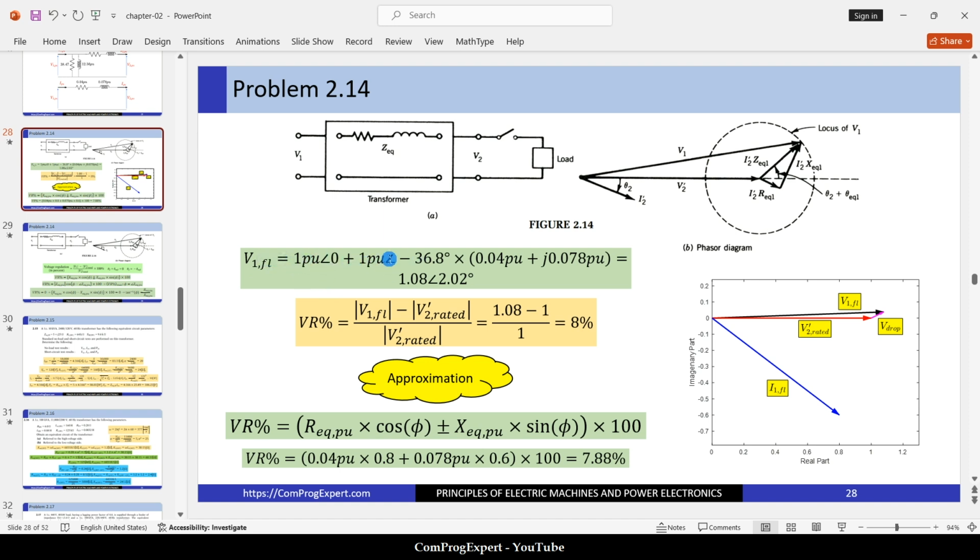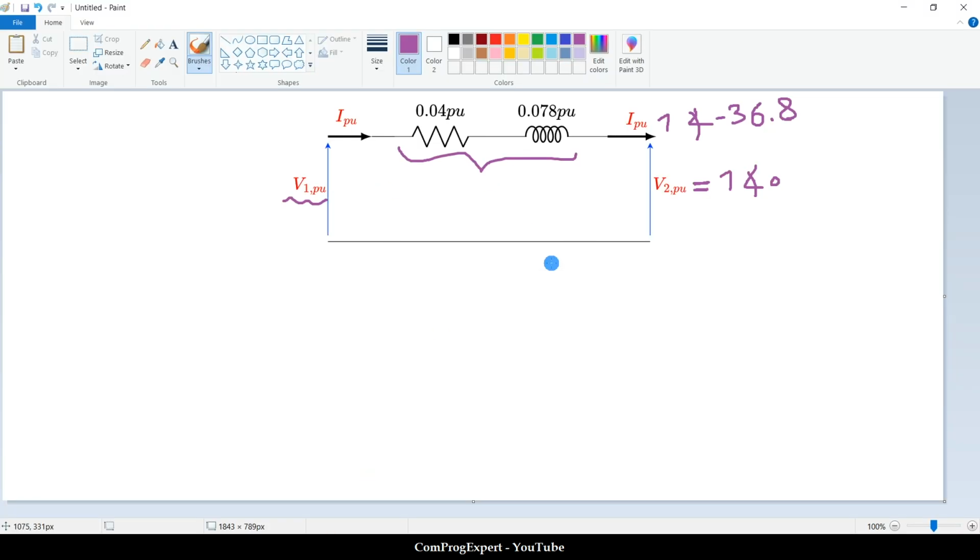We used this equation to calculate the exact value of the voltage regulation. What is this equation? We write V1 for the full load operation, V1F, is equal to V2 per unit, that is equal to 1, this is the angle 0, plus the I per unit, this is 1, and we have one angle here.